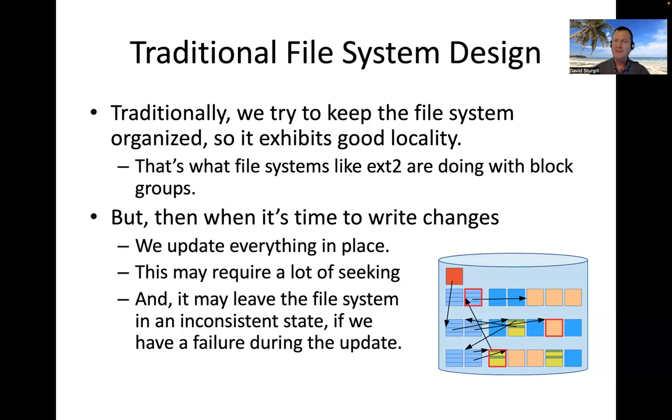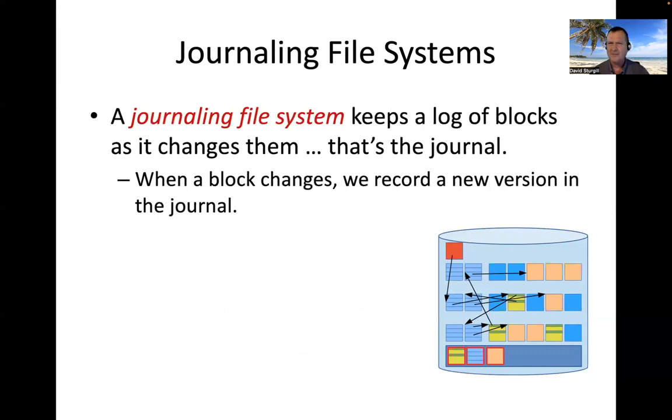So let's get everything in the right place and keep it there so the file system is efficient to use. And then when we have to run the consistency checker, it has to look over the entire disk, because something may have gotten broken anywhere on the disk. We'll need to check everything and make sure all of the data structures make sense.